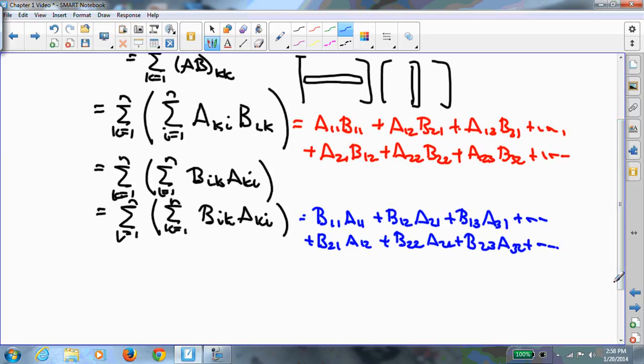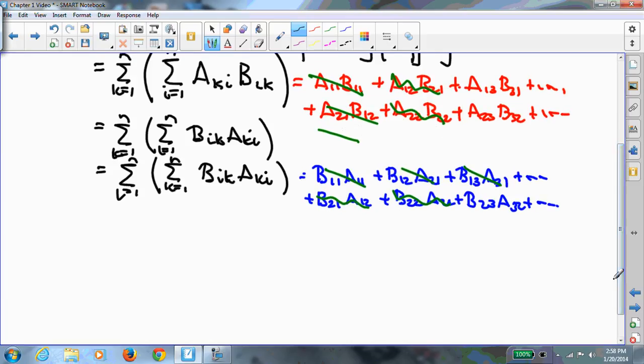Now let's compare. A11, B11 is right here. A21, B12 is right here. These two go together. And then A13, B31 would be the next one down here. A12, B21 is right here. A22, B22 is right here. So I'm adding up the same elements, it's just instead of going sideways, I'm going down. So these two sums are equal to each other.